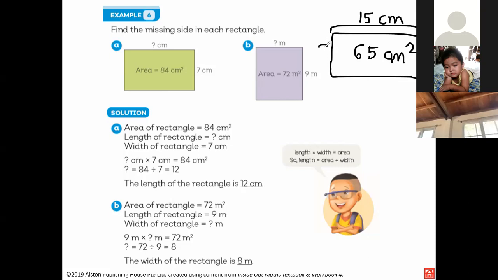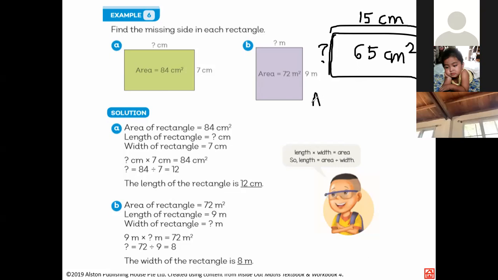So what is the measurement of the width? Again, we have 65 centimeters squared, and the length is 15 centimeters. What is the measurement of the width? 5 centimeters.